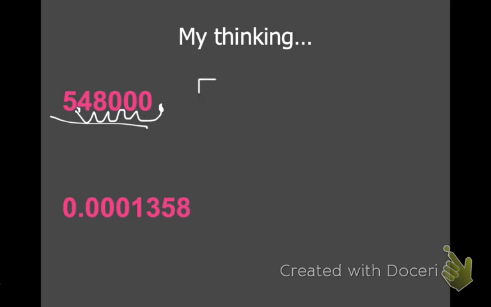So I'm going to put 5.48. The zeros don't matter anymore. All right, times 10. And then I move my decimal 1, 2, 3, 4, 5. And this is a big number. So my exponent's going to be positive, and it's going to be 5.